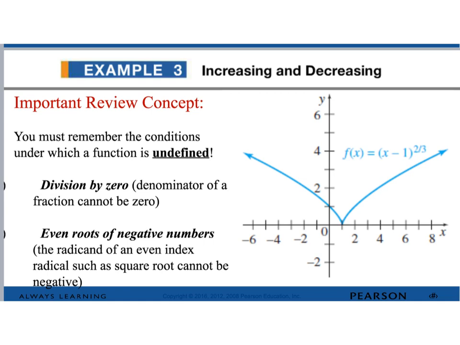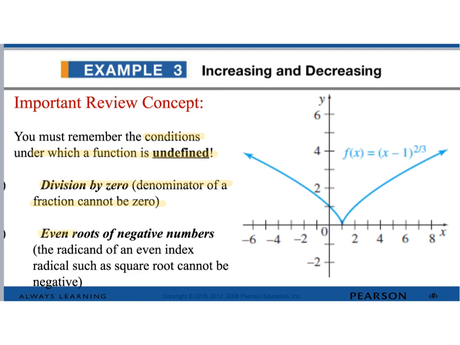So keep in mind, very important, you also have to remember the conditions under which a function is undefined. Sometimes it doesn't have any zeros, but if there's a reason it could be divided by 0, then you need to know what that point is.